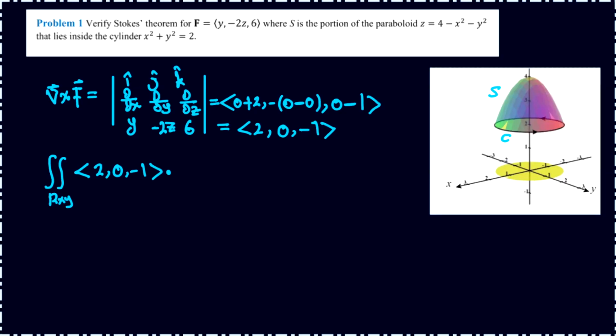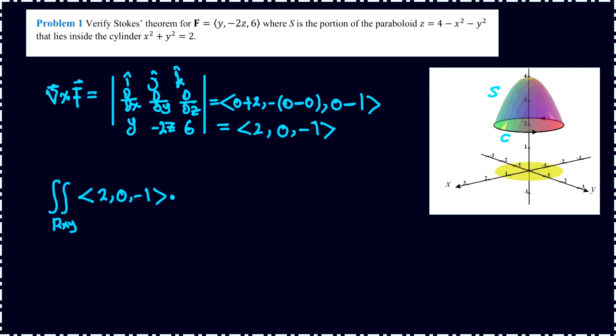the partial derivatives. Let's calculate the partial derivatives separately. Okay, so again, here is our g, that's g of xy, so g sub x is equal to negative 2x, g sub y is negative 2y.